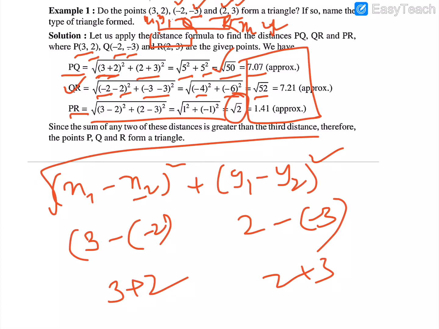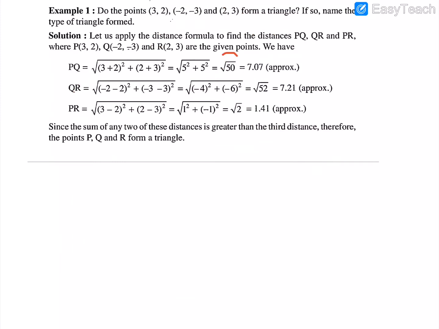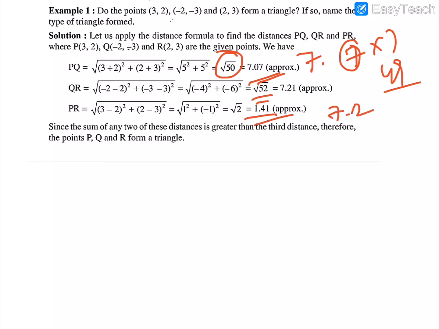Now let us see how they have done the approximation. Root 50: 7 sevens are 49, so it is very near 49. So they have taken 7 point something instead of doing the entire thing. Root 52 is somewhere near 7.21, and root 2 is 1.4.